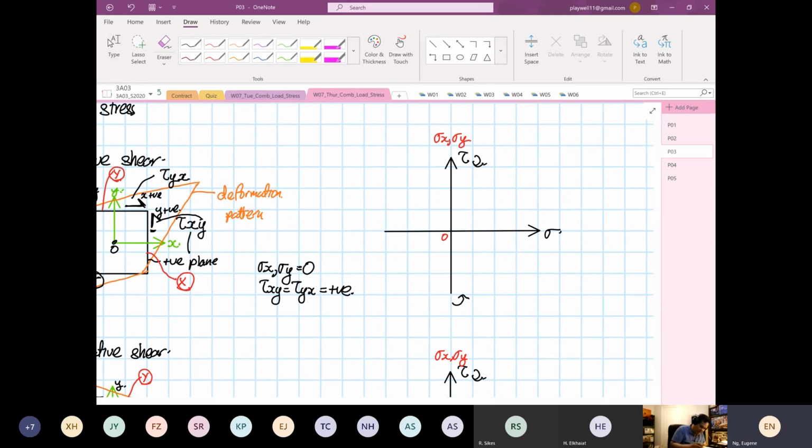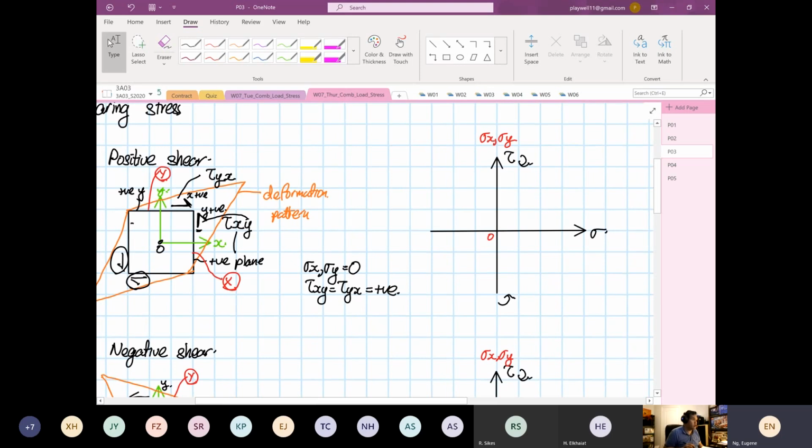Now, if you look at point X on positive shear, I want you all to focus on the positive shear. If you fix at the center, will the element rotate clockwise or anti-clockwise? For point X down here that I'm highlighting in yellow now, the element will rotate in which direction based on the shear?